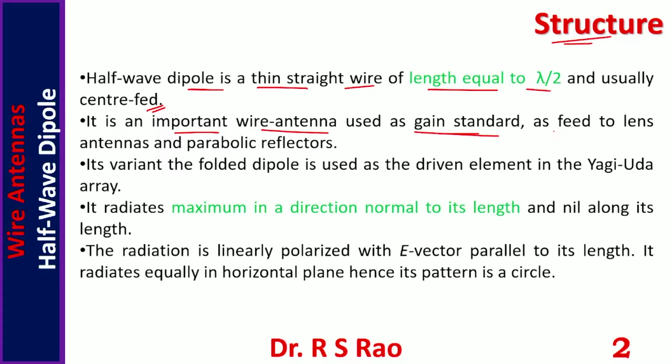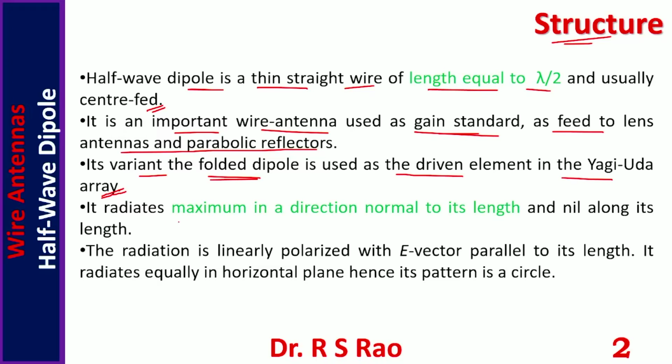It is used as a feed to lens antennas and parabolic reflectors too. We have to keep in mind that it is a wire antenna. Its variant is a folded dipole. This folded dipole is used as the driven element in Yagi-Uda array. Yagi antenna is popular as a domestic TV receiving antenna.